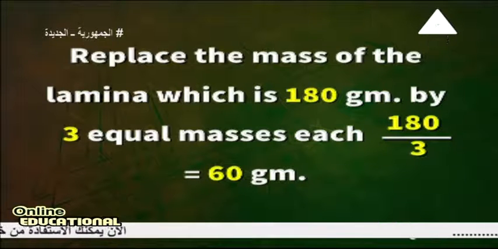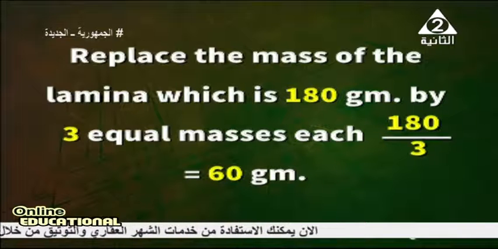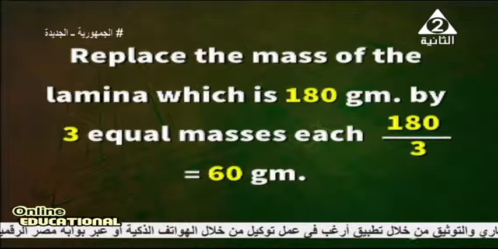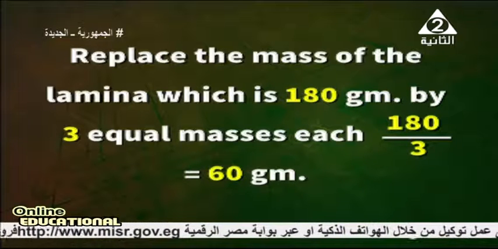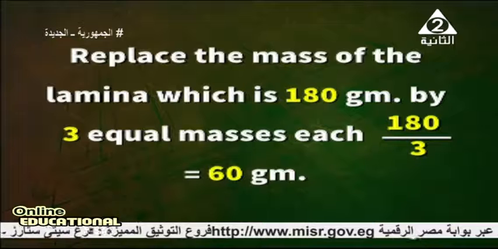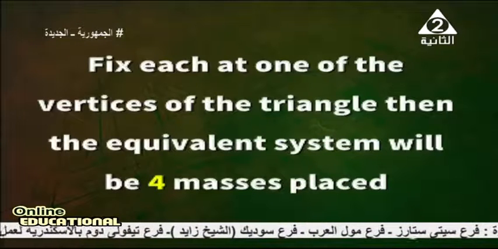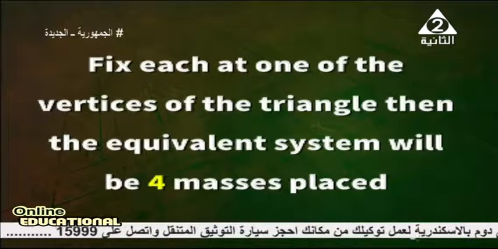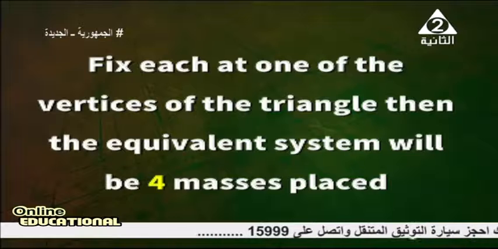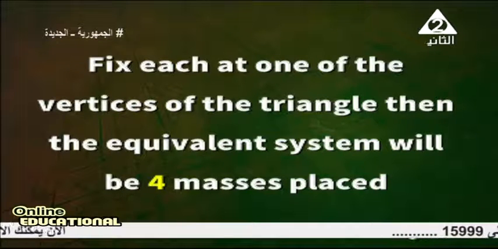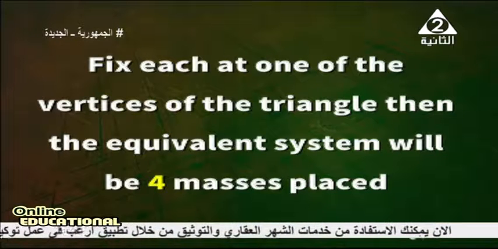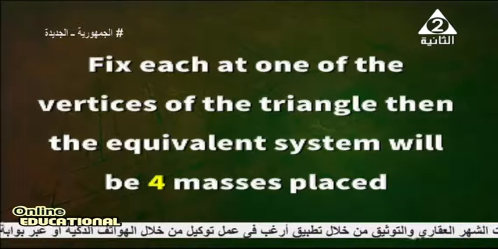We fix each at one of the vertices of the triangle, then the equivalent system will be 4 masses placed, not 2 masses. Why? Because we divided the mass of the lamina into 3 equal masses.